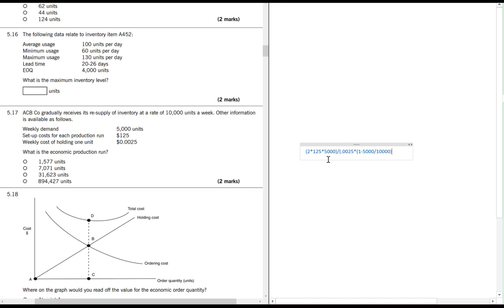So obviously I'm not putting it in the calculator like this, so I would not worry about brackets. So 2 multiplied by 125 multiplied by 5,000 is 1.2 million something.